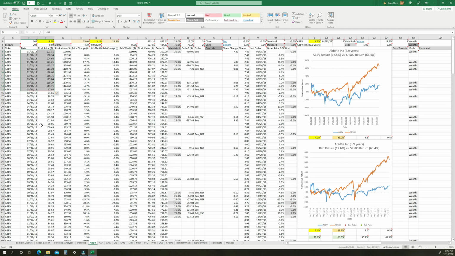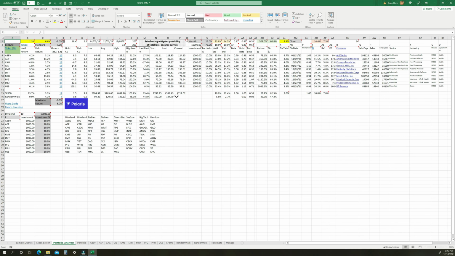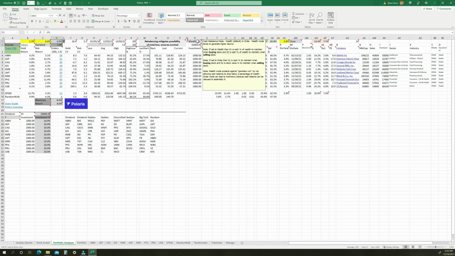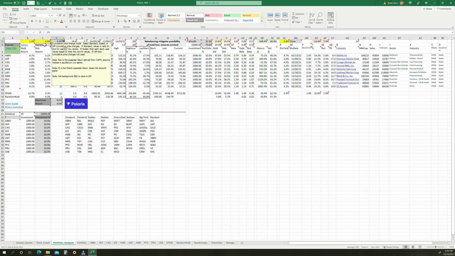the Ticker Worksheet. The other thing it does when you hit execute is it goes to the Portfolio Analyzer worksheet and it copies over values that are in the gray, like these thresholds here and here, and then the cash balance mode and the cumulative price change mode.